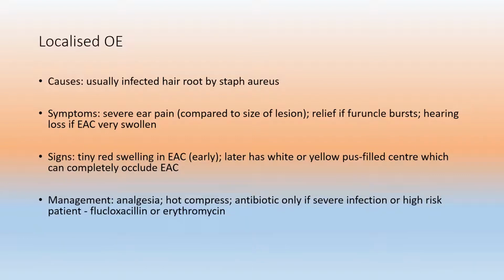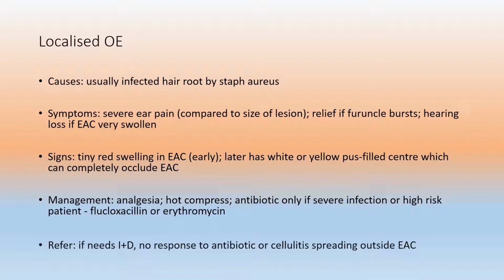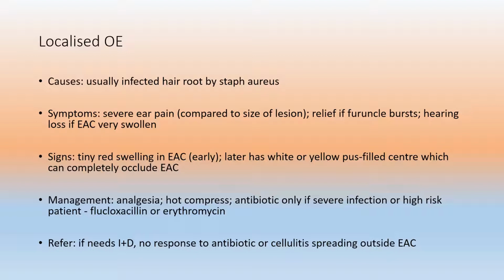Management: analgesia, hot compress, antibiotic only if severe infection or high-risk patient, flucloxacillin or erythromycin. Refer if it needs incision and drainage, there is no response to antibiotic, or cellulitis is spreading outside the EAC.